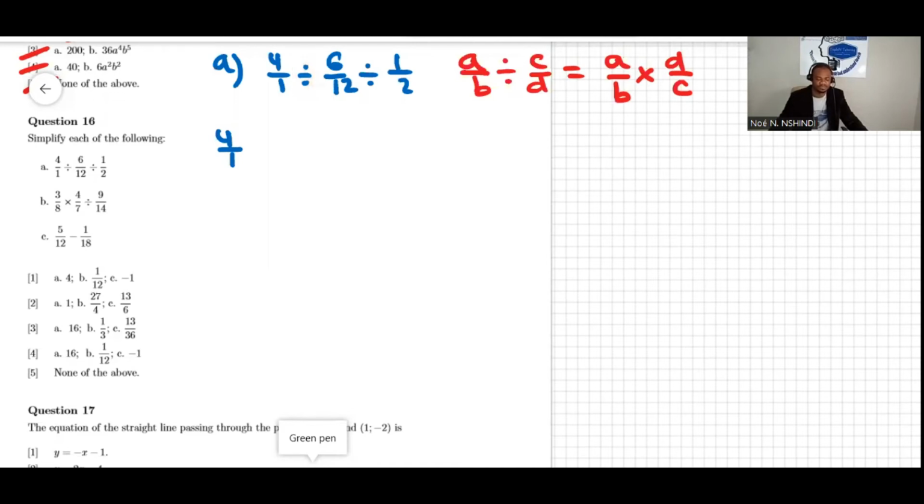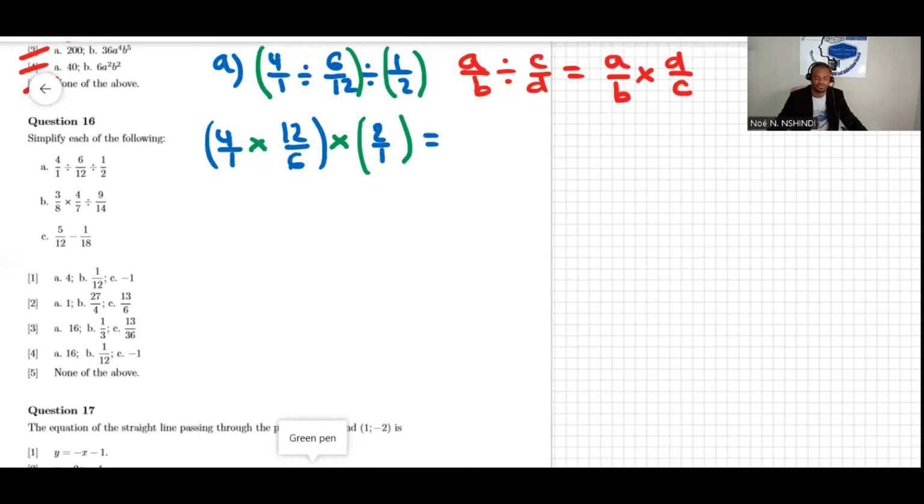I can put brackets here and there, and then divide by half like this. Let's first work out the first bracket. This becomes 4/1 divided by 12/6. Then this division sign also changes to multiplication, times 2/1.